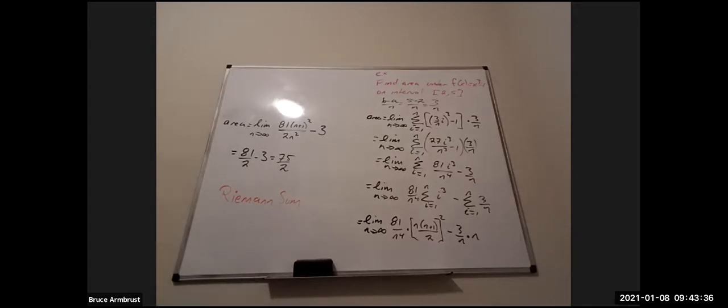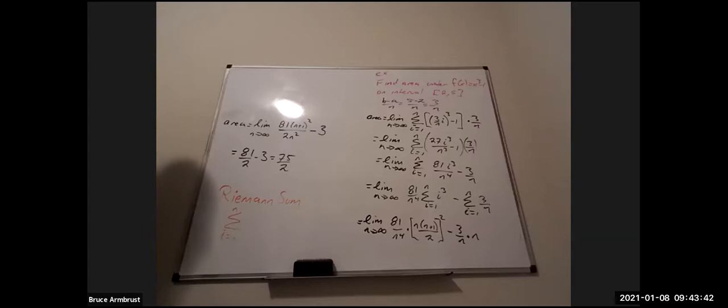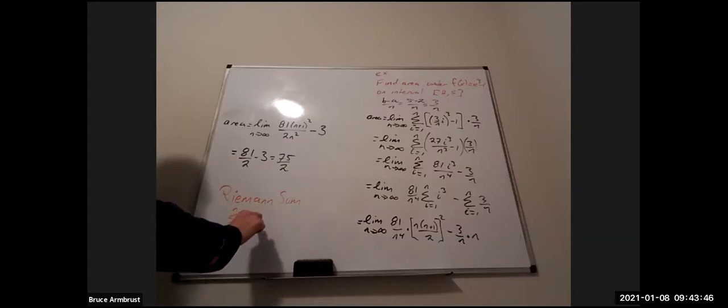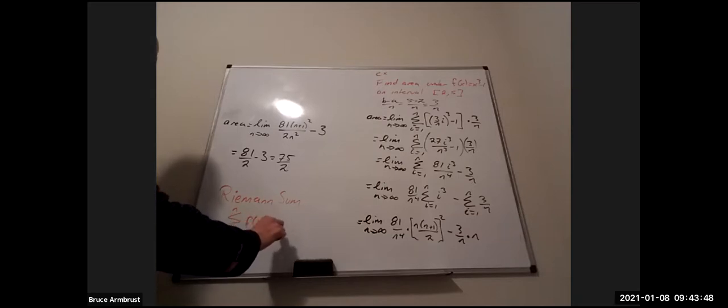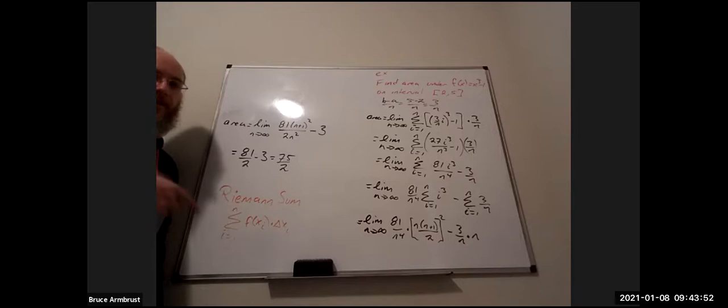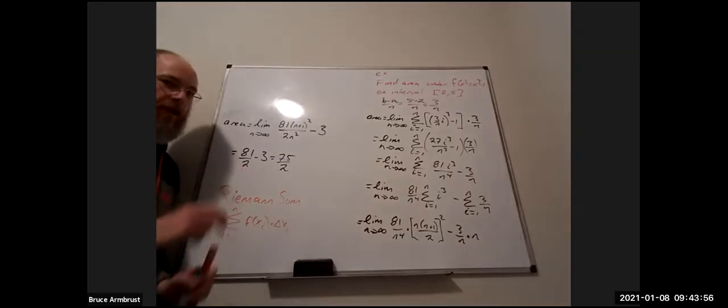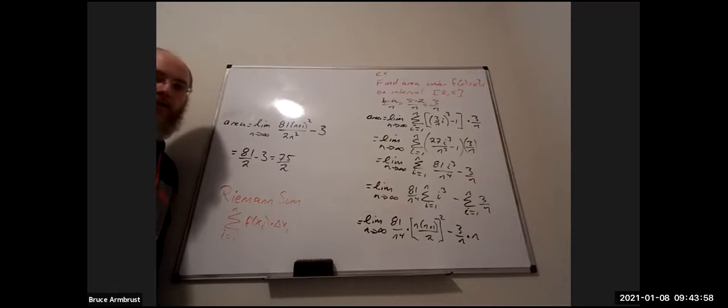All right, so that's a Riemann sum, and the Riemann sum is that sum from 1 to n of the f of xi times delta xi. So if you ever read anything and it says the Riemann sum, blah, blah, blah, okay, it's that we're finding the area of this thing. So that's called a Riemann sum.